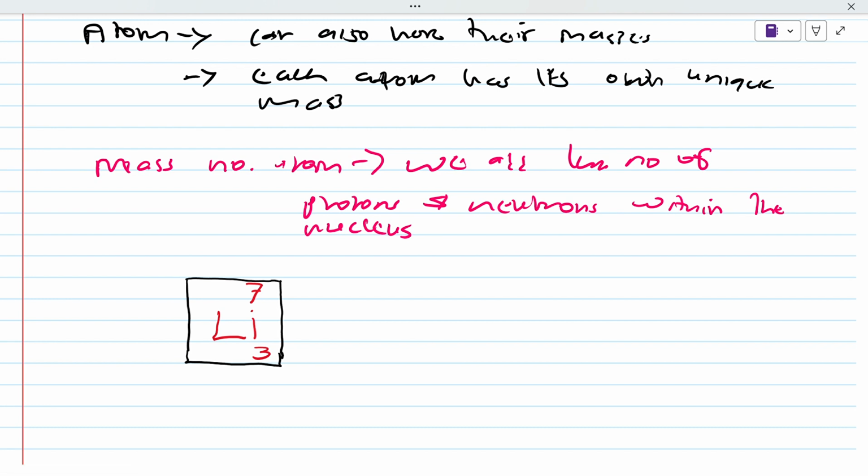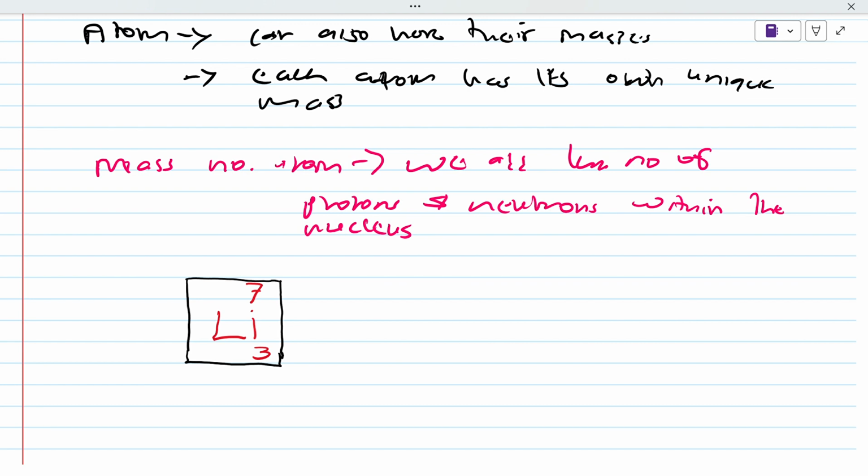You might have 3 or 7. I'm using lithium as an example here. And the key thing that we have to know is that most of the time, when you see things written like this, there are certain things you need to know as far as this structure is concerned.